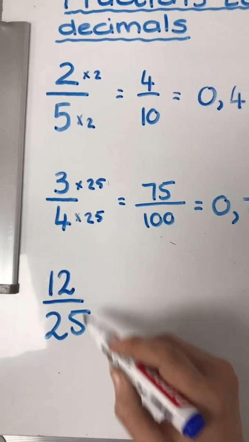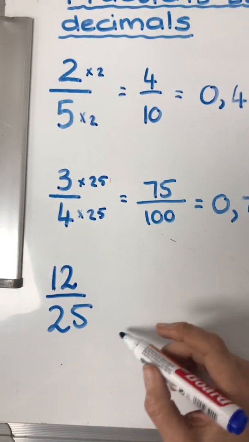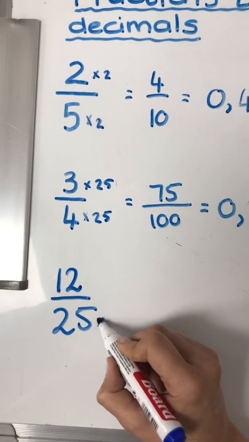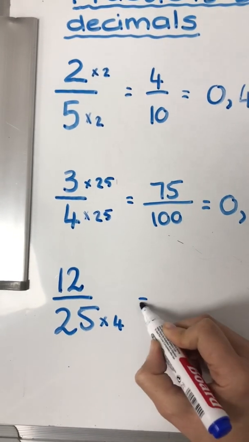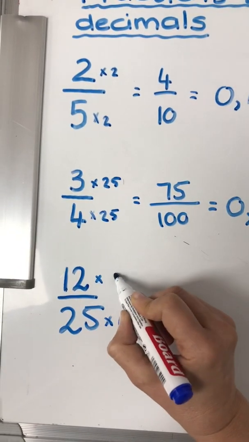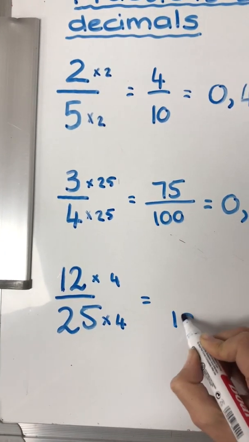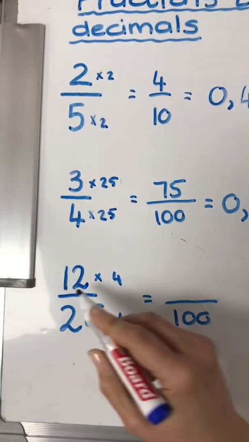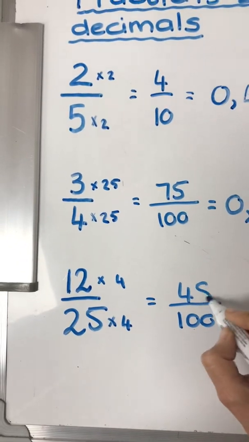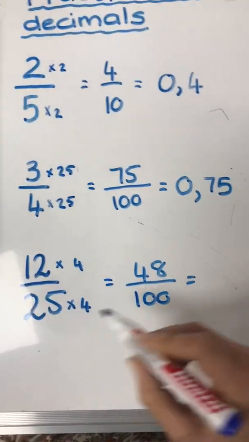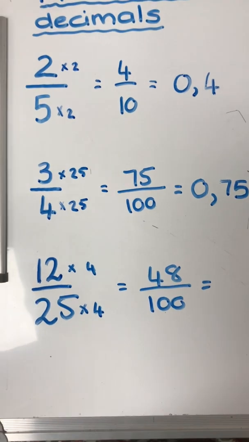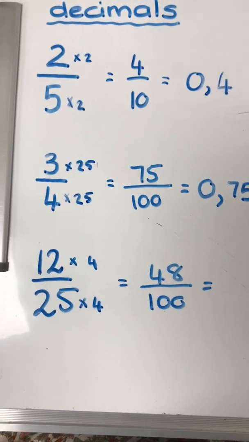Let's have another look at 12/25. I know that if I multiply 25 by 4, I will get 100. What I do at the bottom, I have to do at the top. So that is 100, and that is 48. Again, I ask myself, do I have any whole numbers? No. But just for the example's sake, I'm going to give us a whole number.